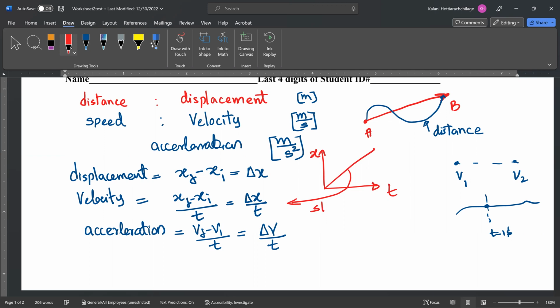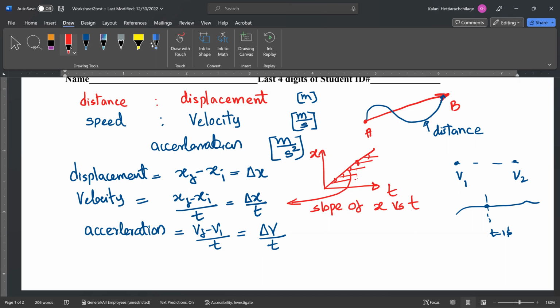That means velocity is, in another way, the slope of x versus time, or displacement versus time. What does slope mean? Slope means you take two points and divide by the time it takes, right? So now you can definitely see this is the easy way to think about it. This angle in the graph is called the slope, right?